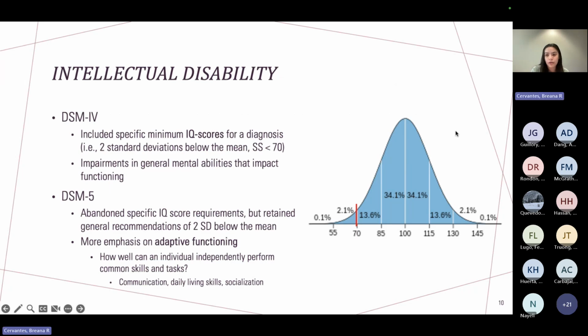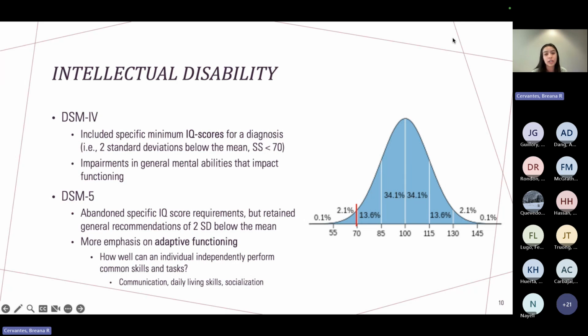So DSM-4 and DSM-5 differ in the way that they conceptualize IQ and where intellectual disability falls when it comes to IQ. The DSM-4, at that point, talked about intellectual disability that includes a specific minimum IQ score in order to get a diagnosis.